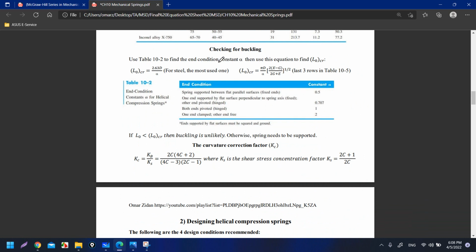If you see the section for checking for buckling in the equation sheet, the value for the end condition constant alpha depends on the supports. The spring is supported between flat parallel surfaces, fixed ends. If you have fixed ends, then alpha is equal to 0.5.